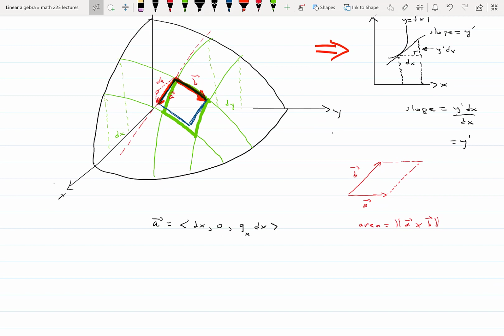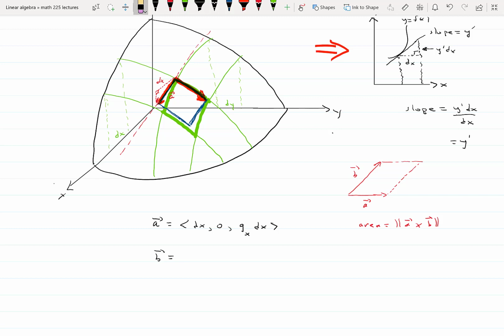So let's find the vector b. And believe me, you won't have to derive this formula. However, the surface area of the little patch is so important for the rest of our semester, literally the rest of our semester, that we really need to be careful and understand how the little dS is formed.